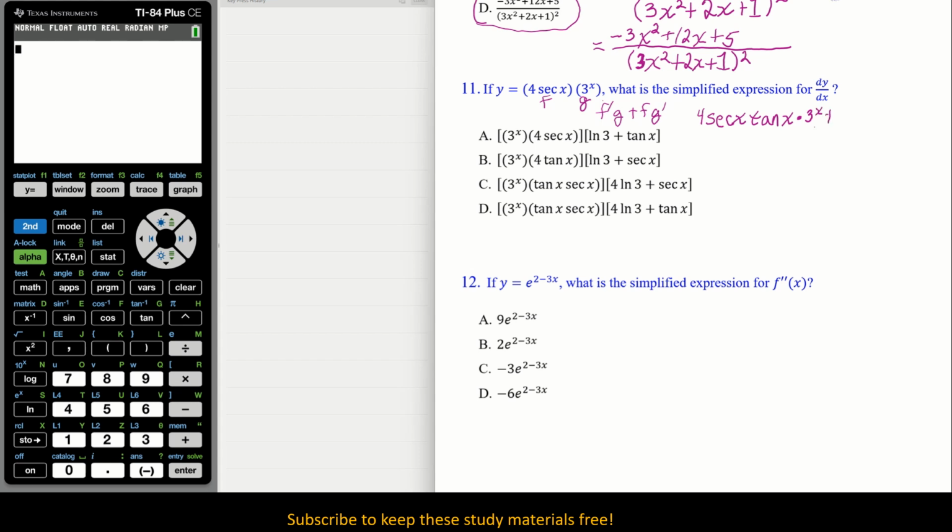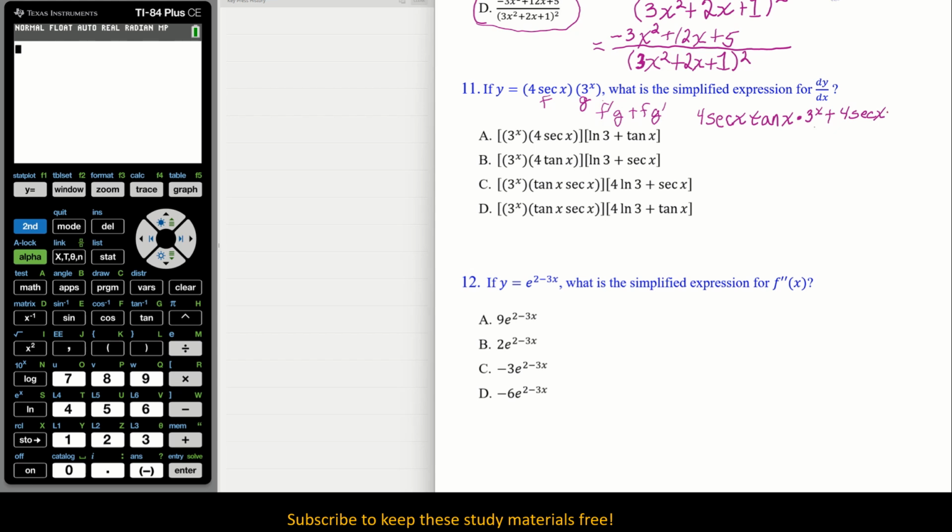So now we need to add F as is, again, that is 4 secant x. But what is G prime? Okay, well, G prime is G on its own and then ln of 3, ln of the base. Okay, natural logarithm of the base, and the base is 3.